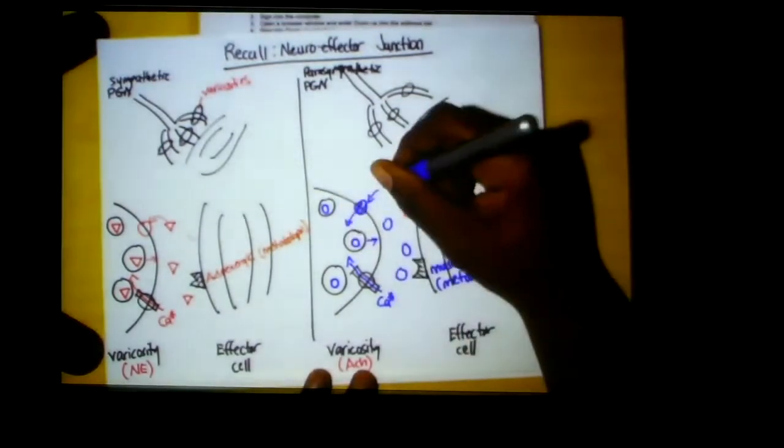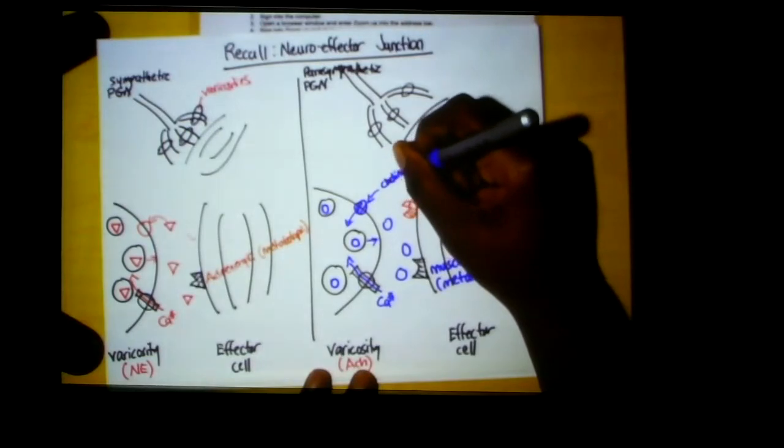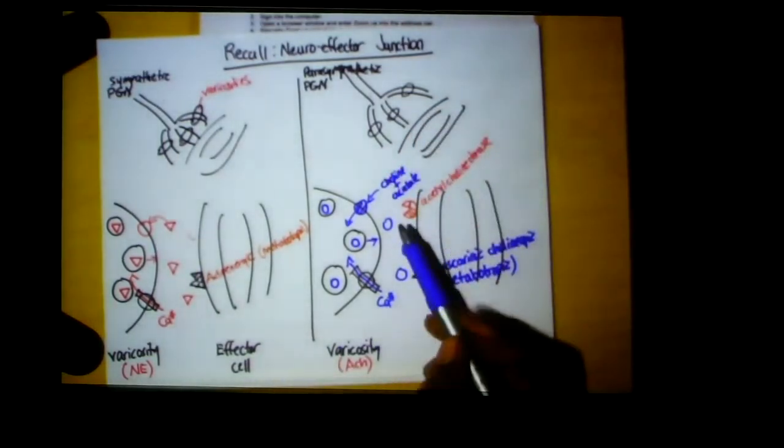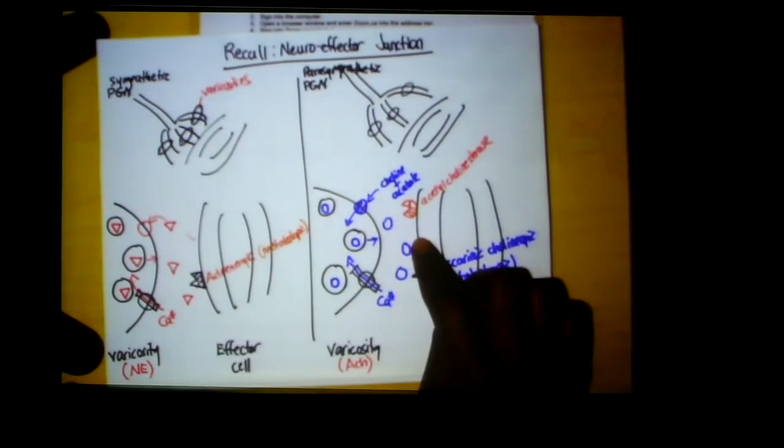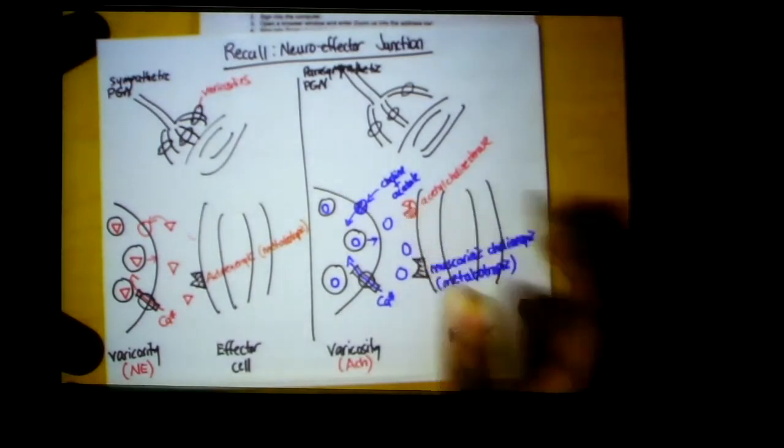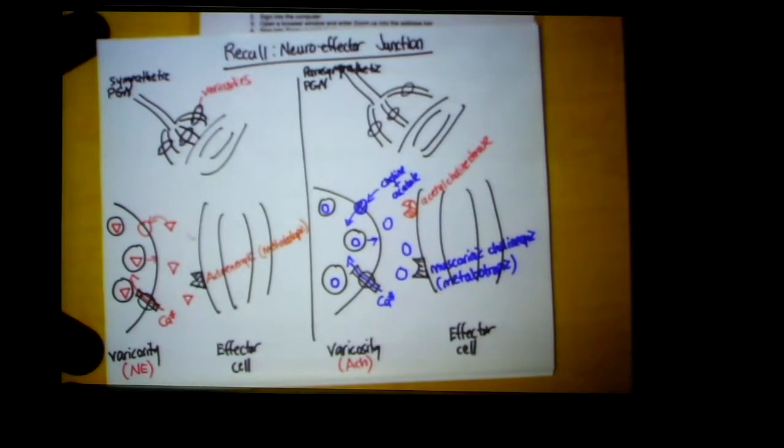And this is where we can uptake choline and acetate. These are the breakdown products of acetylcholine. This is again something we talked about before. There were 3 options for clearing the junction. We can have it chopped up and repurposed. We can have it diffused away as it is, or we can have it chopped up and then diffused away. Any questions on this?